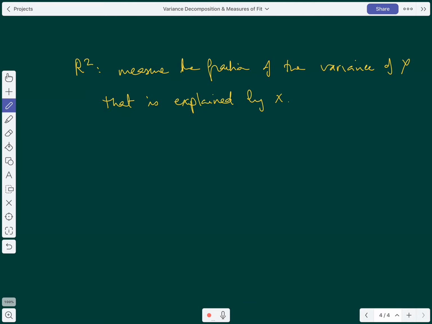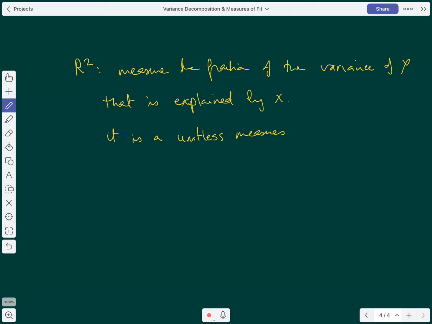And it's very important to write that it is a unitless measure, which means do not expect the number to be in dollars or in miles or something like that.